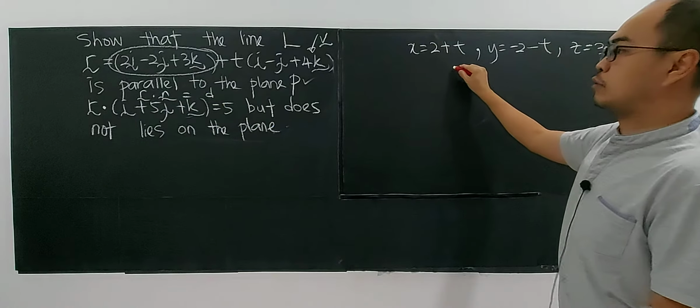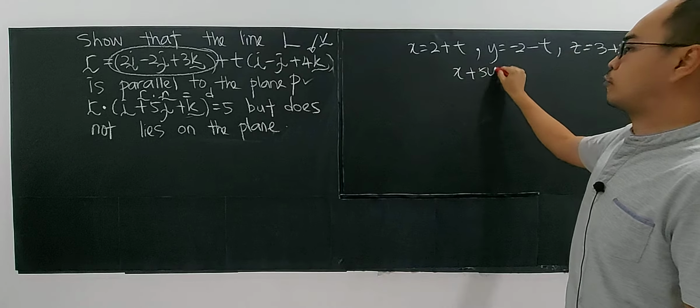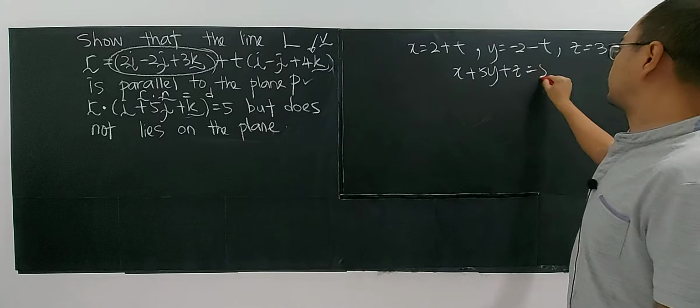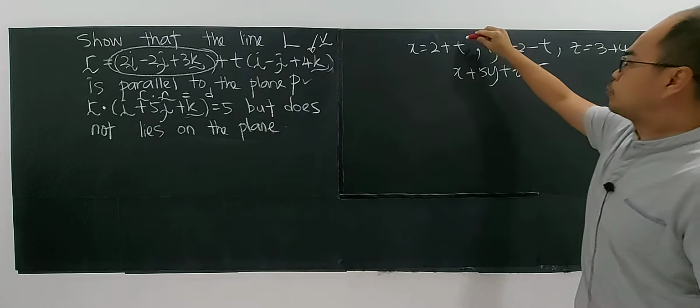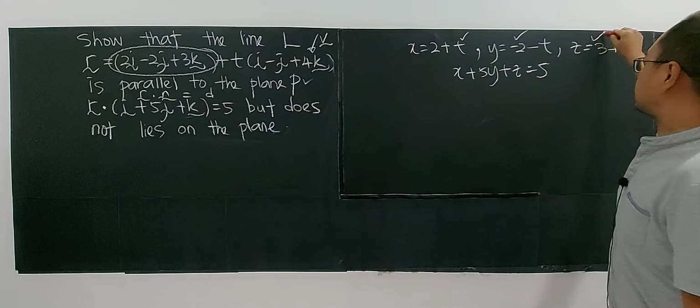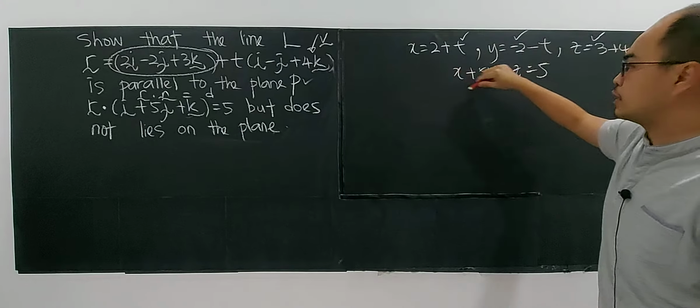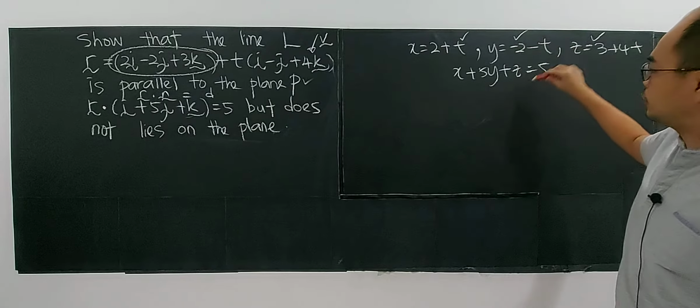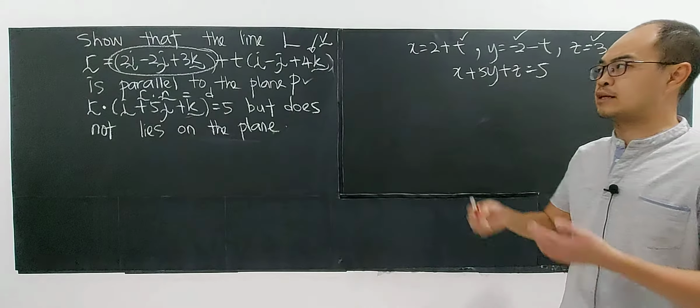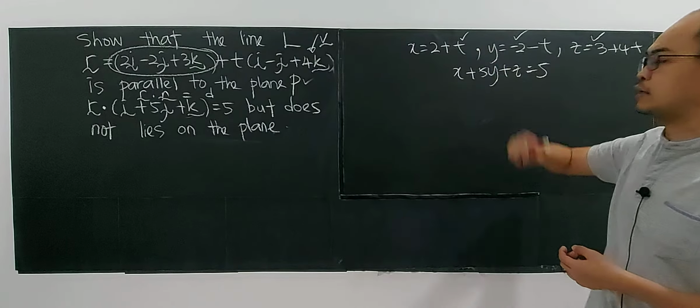And for the plane you have x plus 5y plus z equals 5. If you put all the values of x, y and z into the equation, and you show that it gets a value different from 5, this already shows that the line does not satisfy the plane.